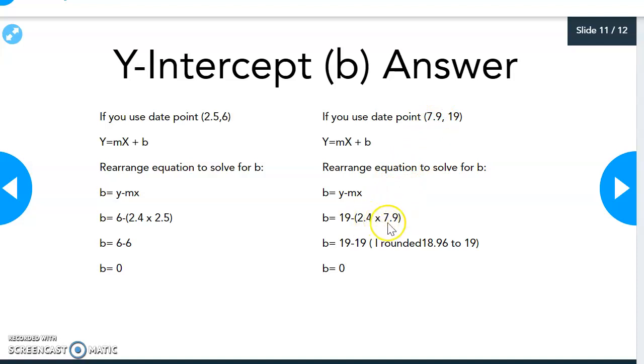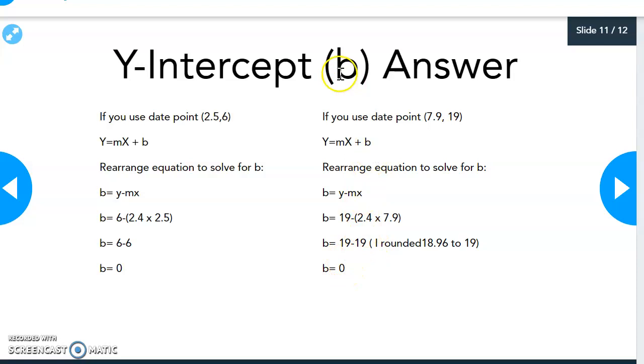And 2.4 times 7.9 gives you 18.96. I rounded it to 19. It's just easier in this sense. If you chose not to round it, that's okay. You'll have that 0.04, which is roughly about 0. So I would accept either. I just wanted, for simplicity's sake, to show you that it's 0.